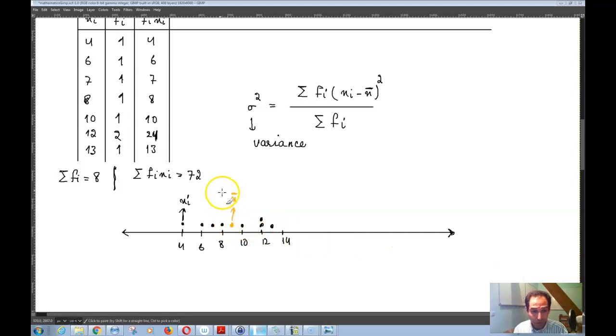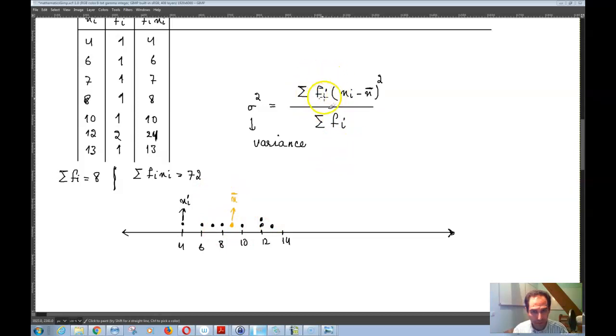Now what you're doing here is taking each x sub i and calculating the difference of x sub i and x bar, meaning x sub i minus x bar, which is in this case a negative number. Or in this case, you take this x sub i and subtract from that your x bar, which is a positive number.